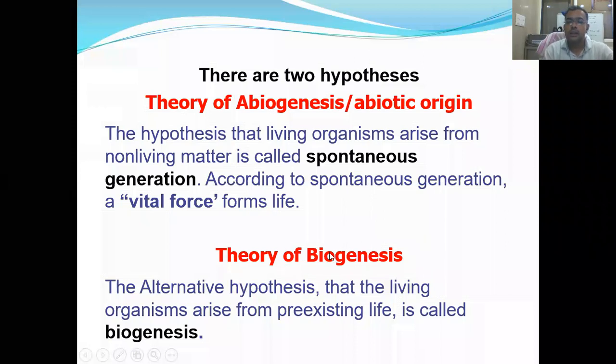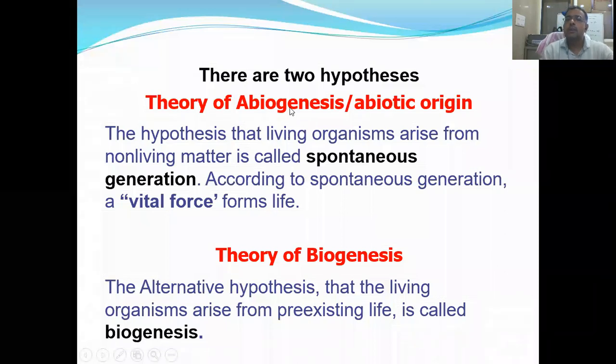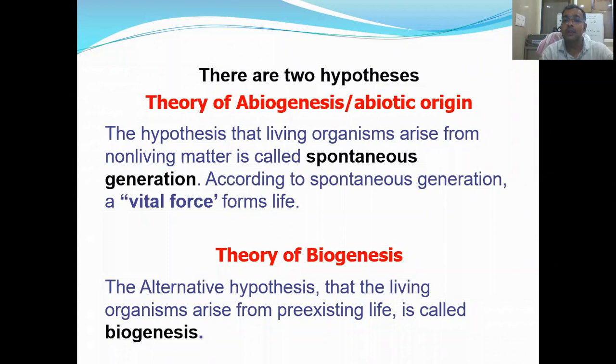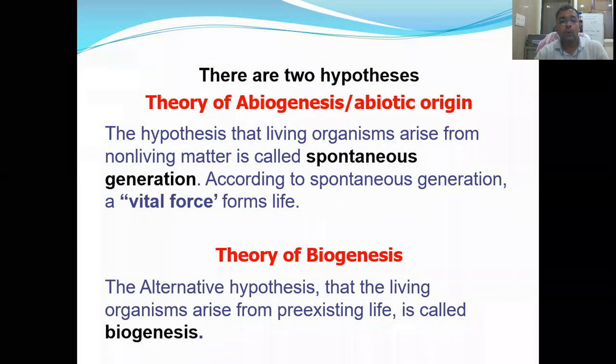Abio means something that is not living. So this theory, abiogenesis or spontaneous generation, tells that all the living organisms present on the earth evolved from non-living material.